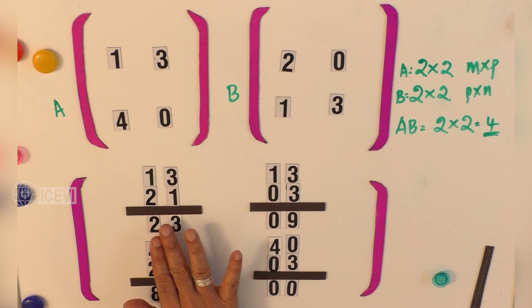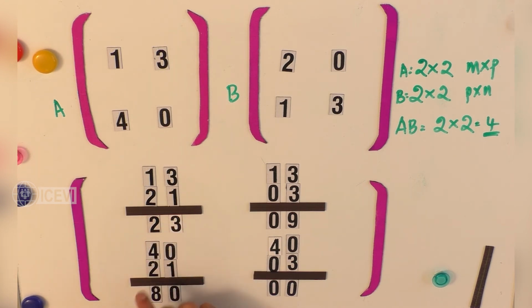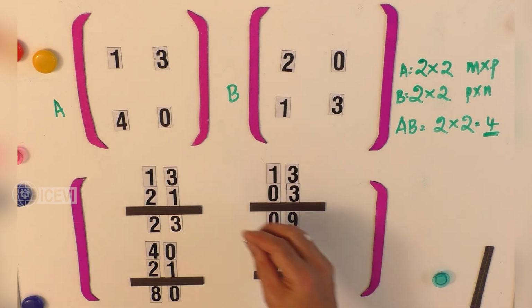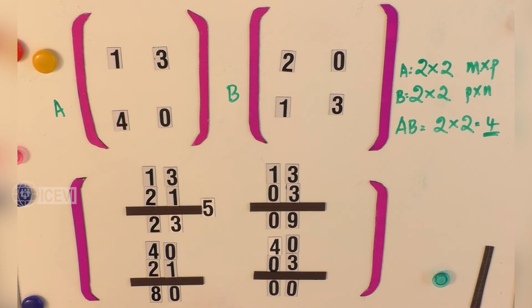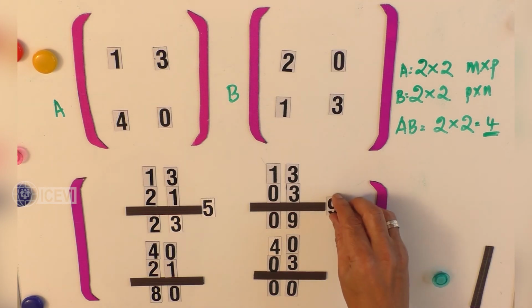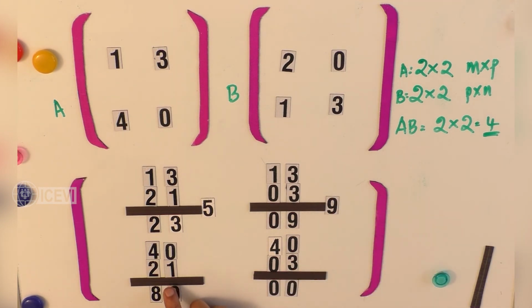So, the first element becomes 2 plus 3, that is 5. And the second element becomes 0 plus 9, that is 9. And the third element becomes 0 plus 8, that is 8.